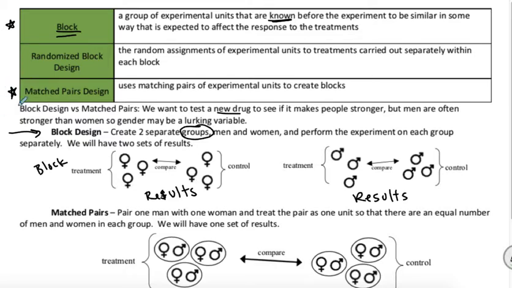The next type is called a matched pairs design. And this is using matching pairs of experimental units to create blocks. You are your best pair.